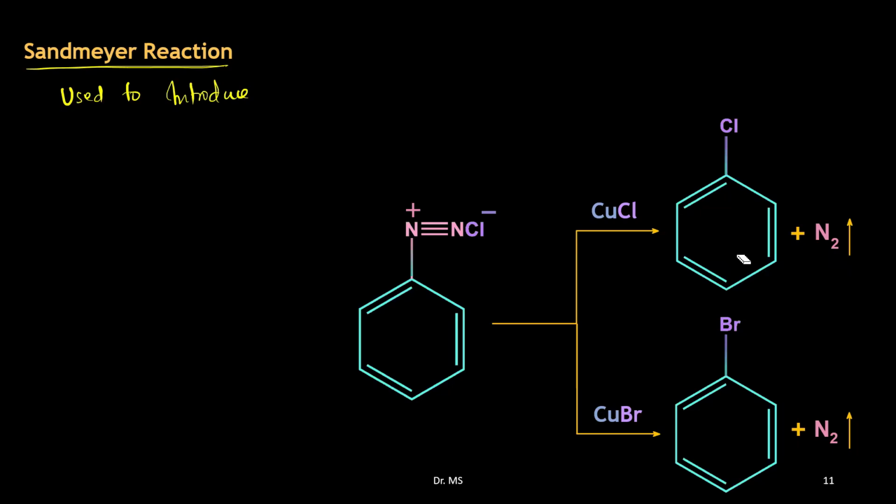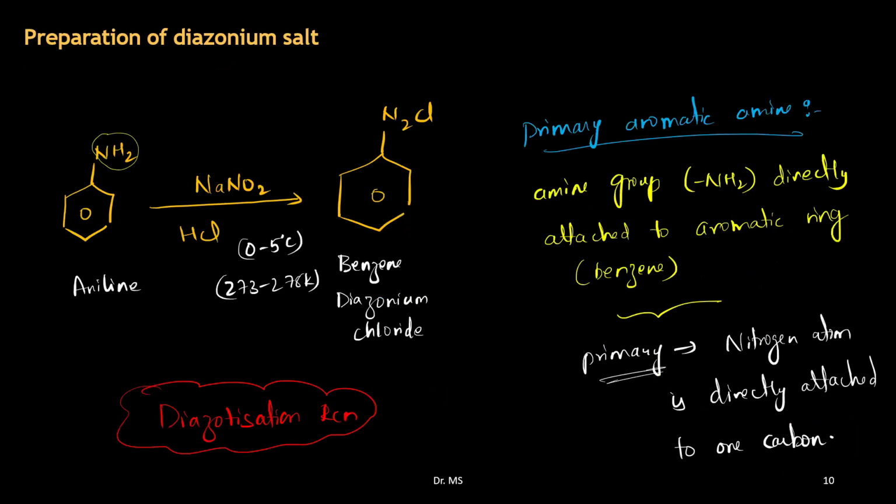So it's a chemical reaction used to introduce the halogen, which can be chlorine or bromine, into an aromatic ring, and you are replacing the diazonium group, or the amino group, here. That's called the Sandmeyer reaction. Understood? So, continuing: you got benzene diazonium chloride from aniline, from the NH2 group.